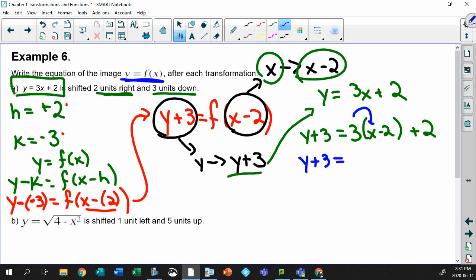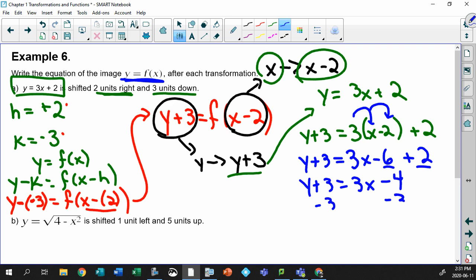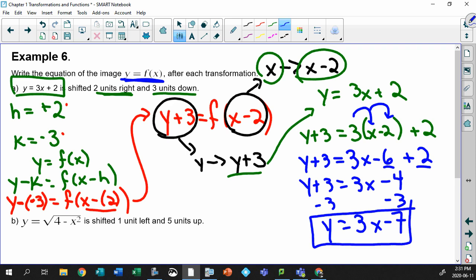This now, distribute: 3x minus 6 plus 2. Clean it all up. You got y plus 3 equals 3x minus 4, combining these two numbers. Subtract 3, y equals 3x minus 7. This is the new equation of this one, shifted 2 units right, 3 units down.